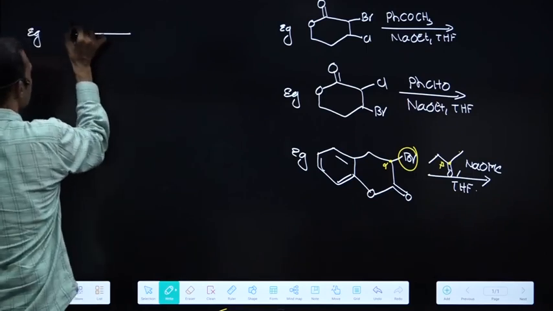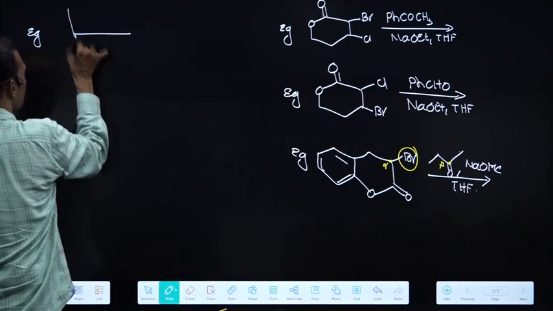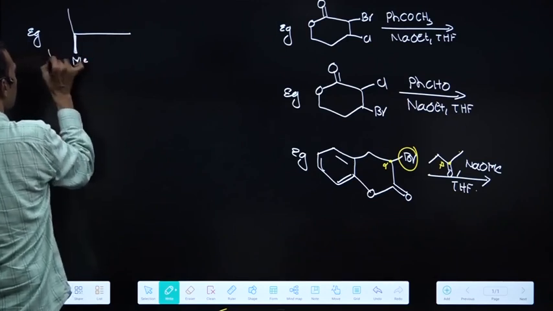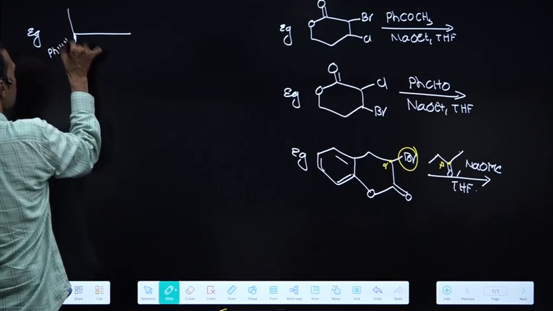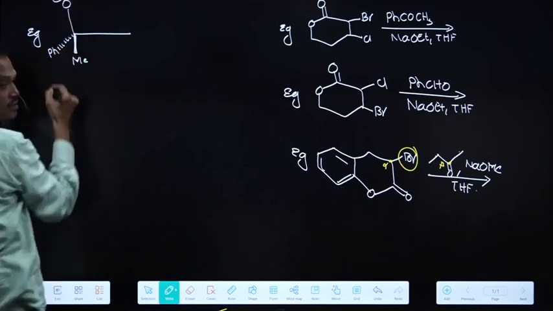Remember, this is an alkyl group, and here there is the presence of phenyl. Phenyl is oriented below the plane. Now this is O minus.